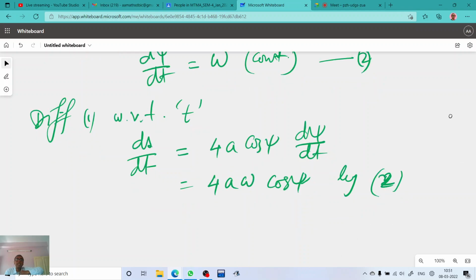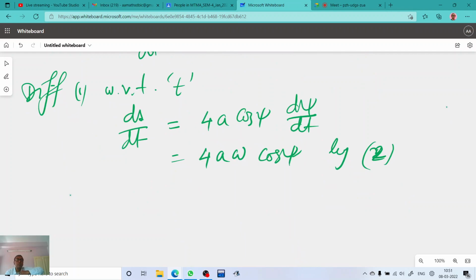Now ds/dt means v, so we can write v equals to 4a omega cos psi, call it equation 3.